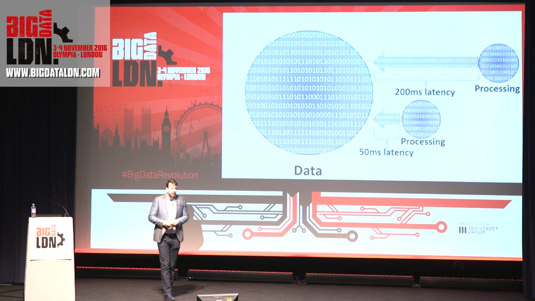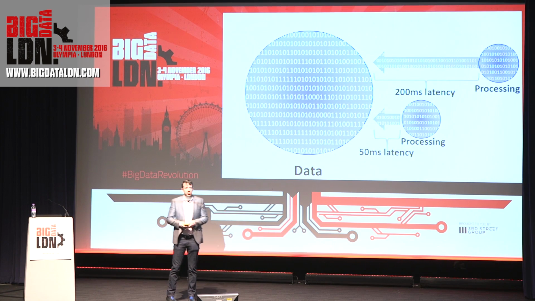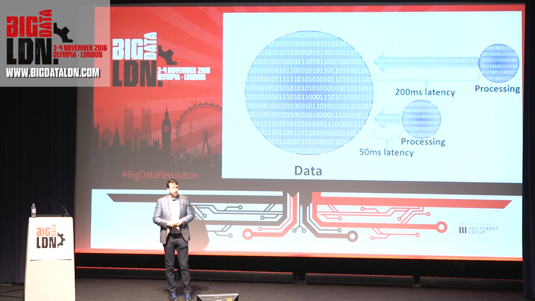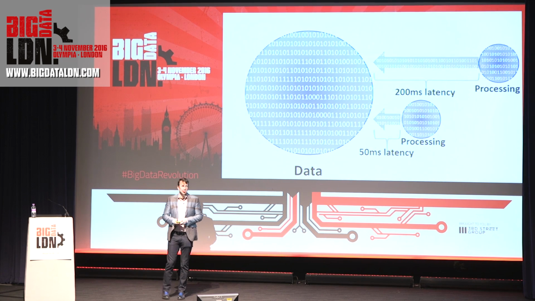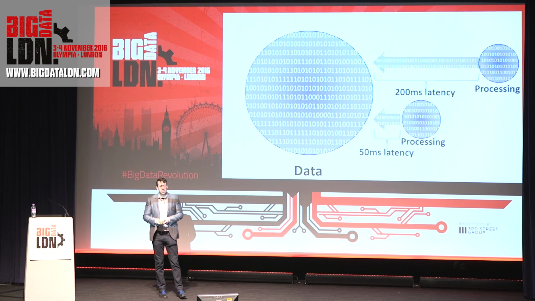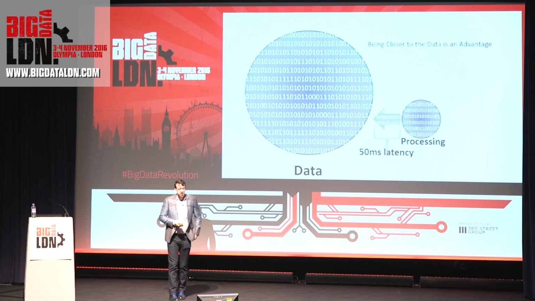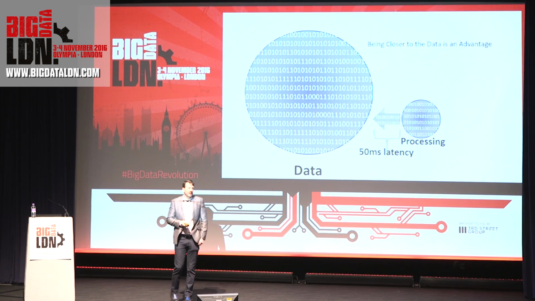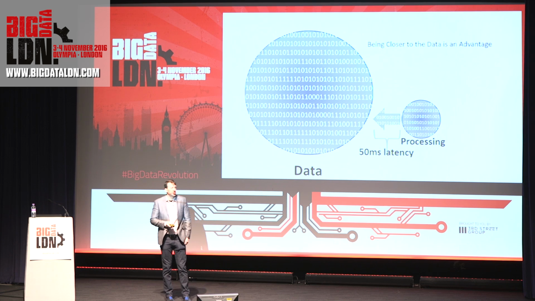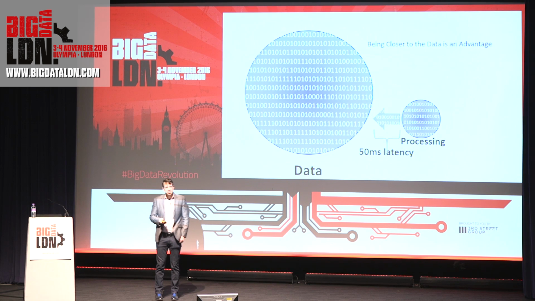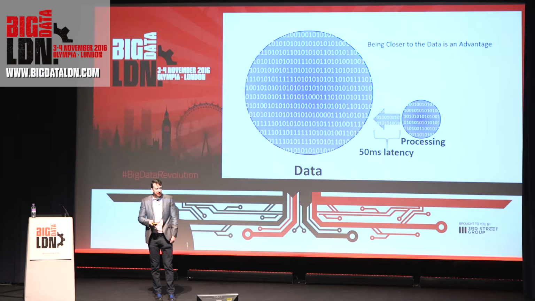Now, if you have 200 milliseconds of latency and you're trying to do processing, and you have 50 milliseconds of latency and you're trying to do processing, one is advantaged over the other. The 50 millisecond processing is advantaged, and the reason is it takes less time to shuffle the data back and forth.